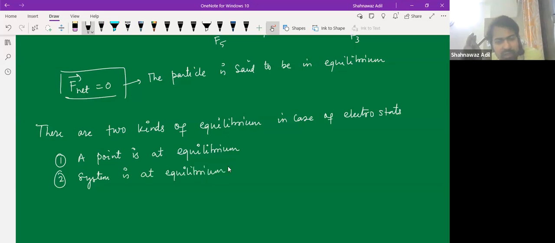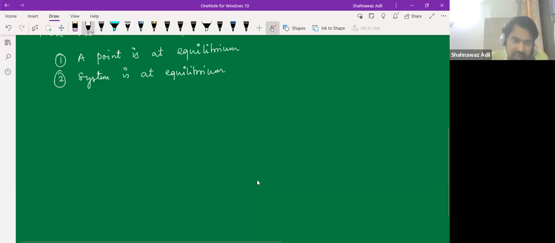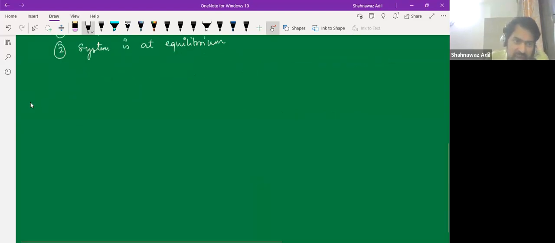So there are two kinds of equilibrium in the case of electricity, right? Let's first understand the first one, which is that a point is at equilibrium.